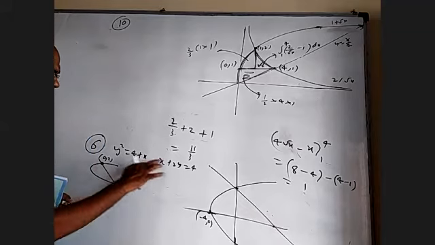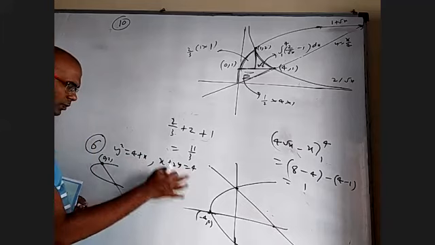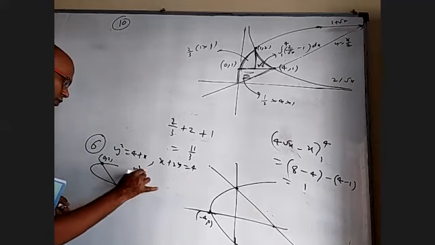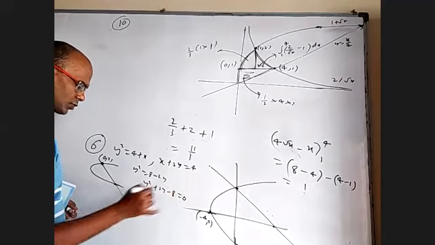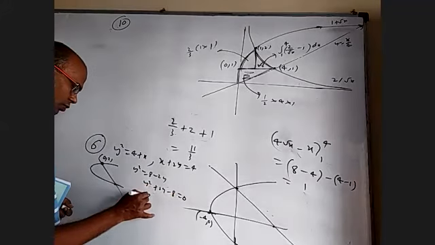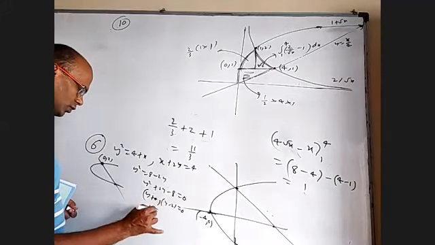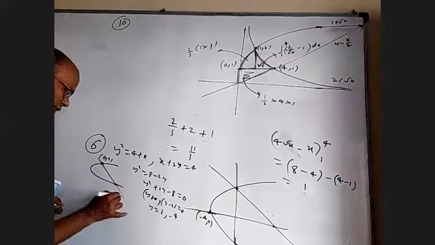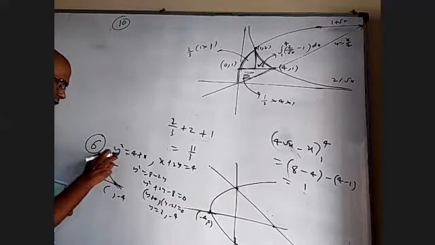I can eliminate x and write x as 4 minus 2y, so it will be 8 minus 2y. y square equal to 8 minus 2y, y square plus 2y minus 8 equal to 0, that is y plus 4 into y minus 2 equal to 0, so y equal to 2 or minus 4. So here y coordinate is minus 4 and x coordinate is 12.